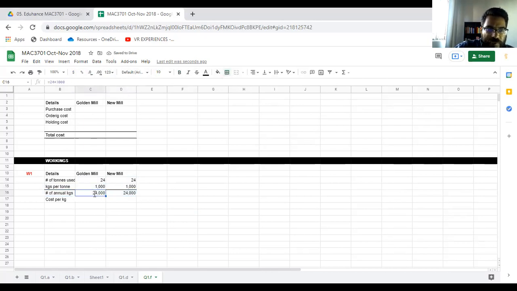So number of kilograms is going to be 24 times 1,000. We know the cost per kg. For them it is 8. For them it is 7. Okay. So therefore, purchase costs.